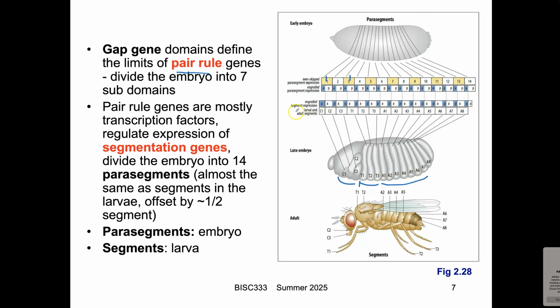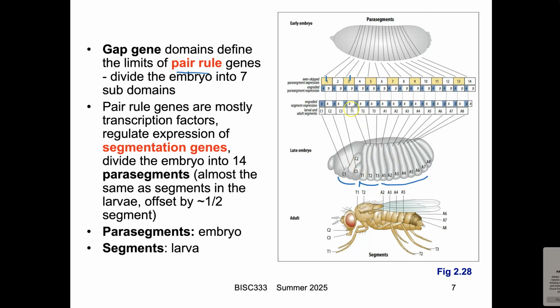So the larval and adult body have these segments, and when the segments are set up in the embryo, they're just a little bit offset, so they don't line up perfectly, and we'll talk about that a little bit. There's a proposal for probably why this happens. It has to do with the nervous system, and I'll talk about that in the class.